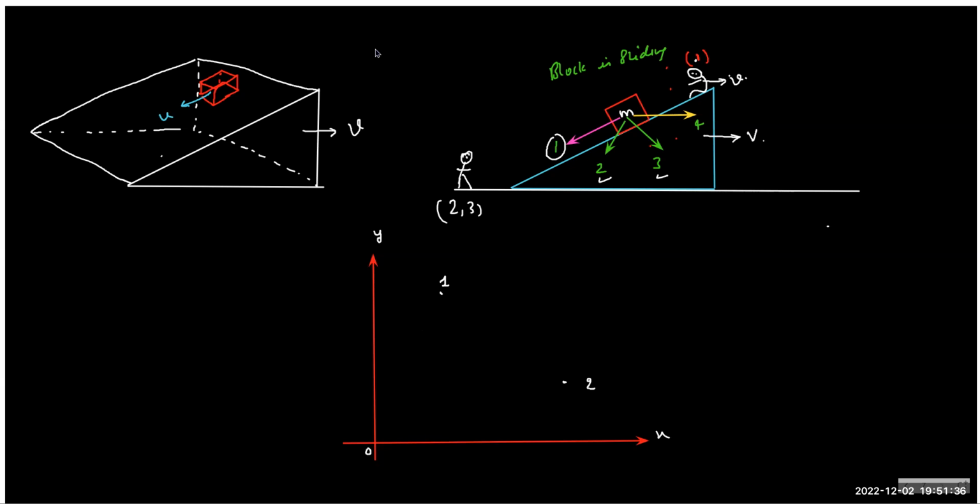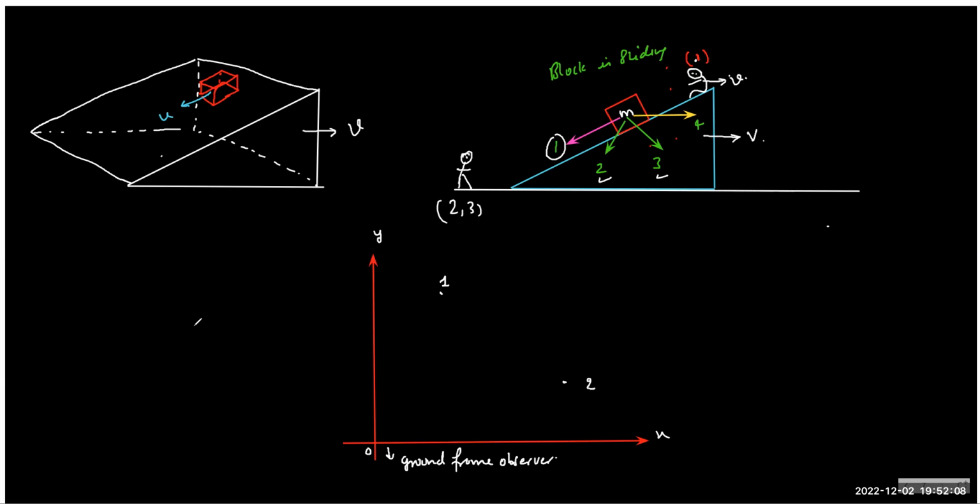So we also have the third person called the ground frame observer. So here the origin, the XY coordinate system which I have drawn here, what is it representing? This is representing the ground frame observer. Okay.